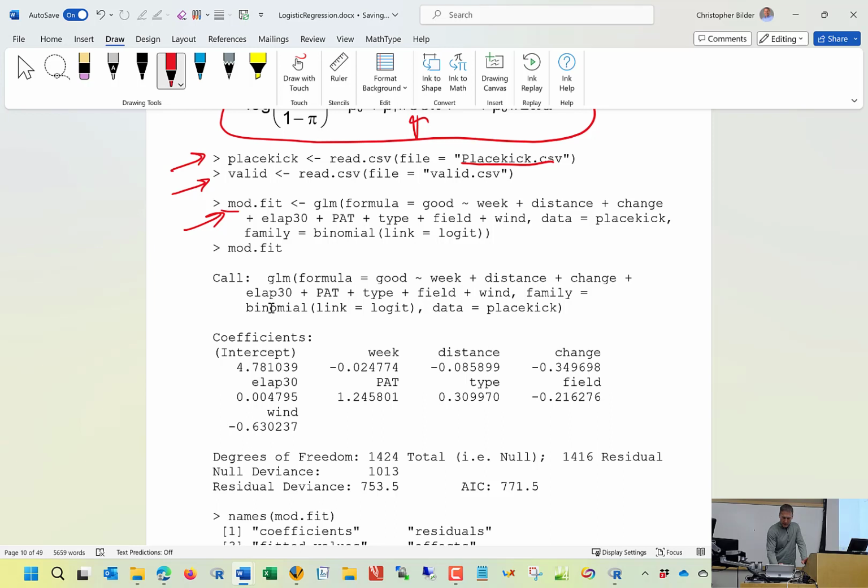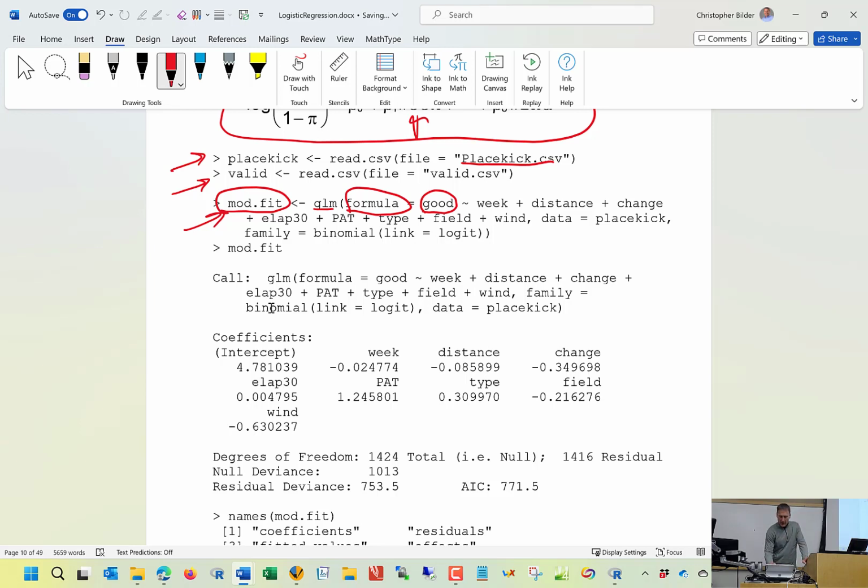I'm going to save the results into an object called mod.fit, for the lack of a better name, meaning model fit. I say glm, then formula. This formula argument works the same way as it does with the lm function. So I say formula, my dependent variable, in this particular case would be good. It tells me, is it a success or is it a failure for that place kick?